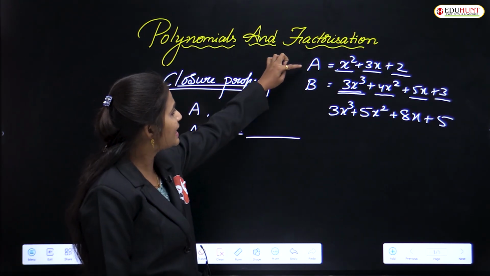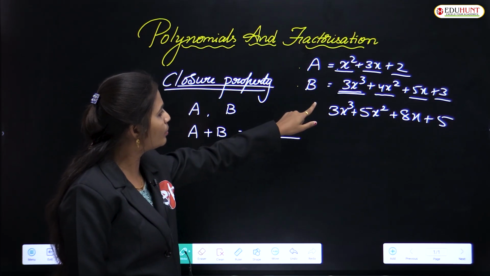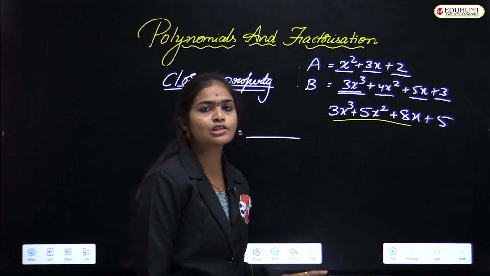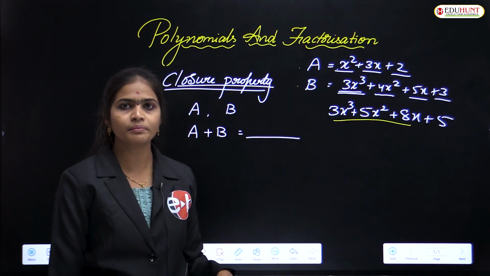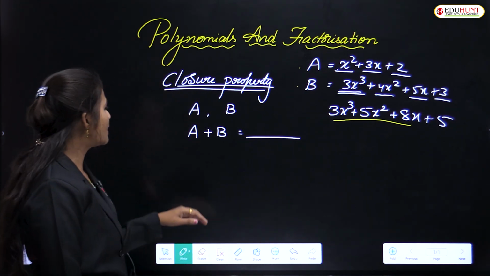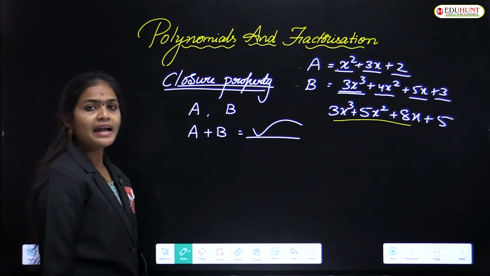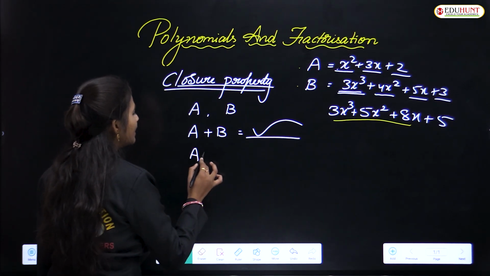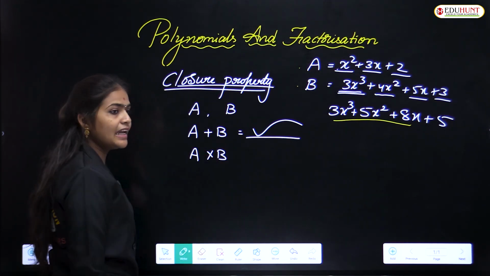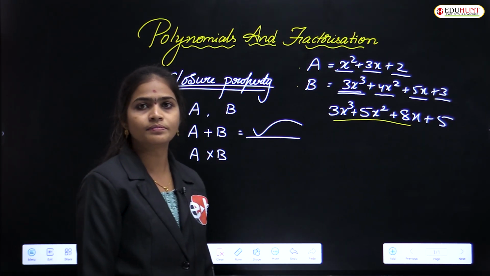So children, a is a polynomial, b is a polynomial, and after addition also we are getting a polynomial. So a plus b is also a polynomial. In the same way, when you apply multiplication, a into b is also a polynomial.